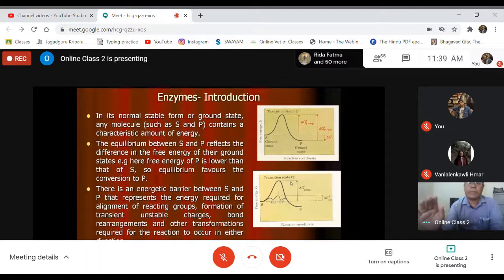So what the enzyme is doing is decreasing the energy level of the transition state. So the function of the enzyme is to decrease the energy level of the transition state, so that the substrate is easily converted to the product. So that is how the enzymes enhance the rate of the reaction.